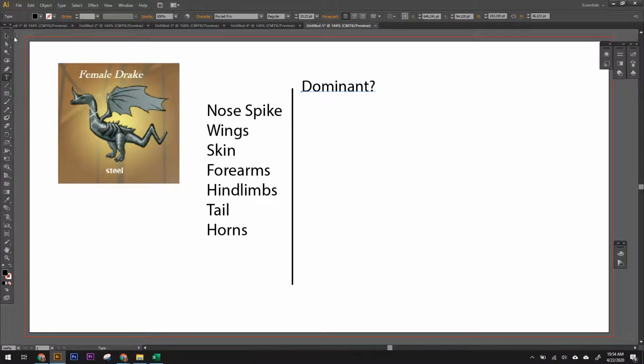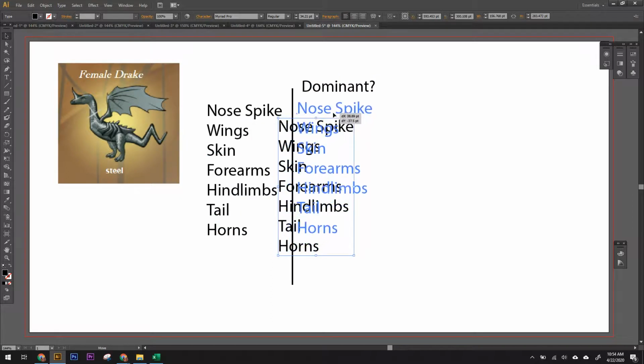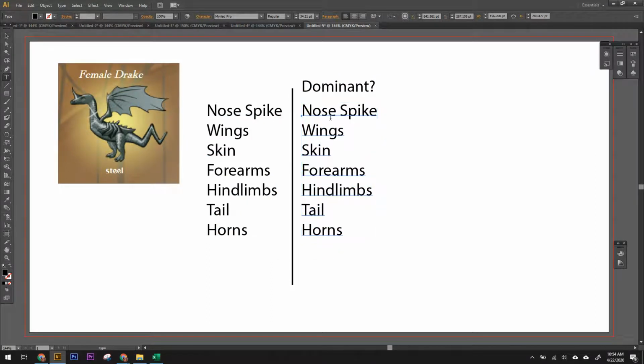Well, we just got done with the nose spike tutorials, so we should understand that the nose spike is dominant, but it's also X-linked. It's found on the X chromosome. Wings are dominant. Metallic color is dominant. Having forearms is dominant. Having hind limbs is dominant. Having a long tail is dominant. And then kinked, those are both dominant to short tail. But long tail is most dominant.